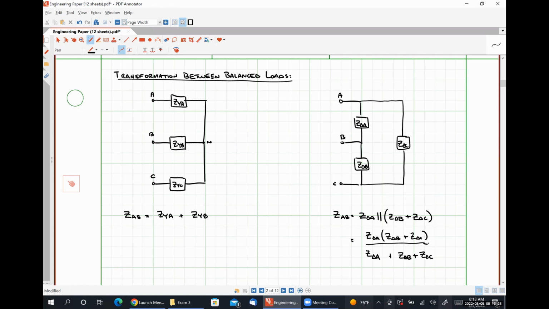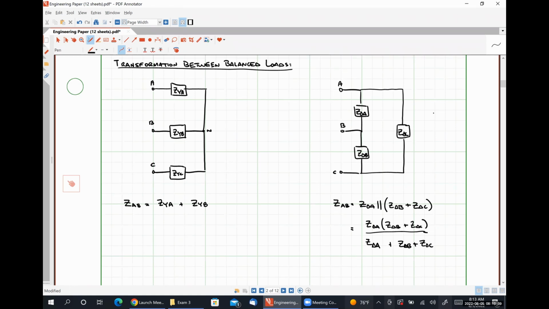All right, so what we are going to do is make these two impedances equal to each other. And then that's how we're going to figure out our transformation.